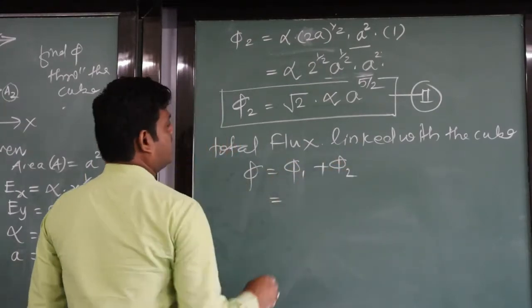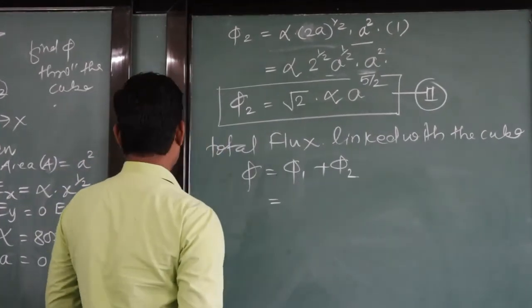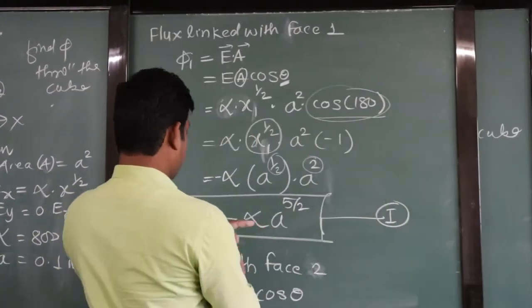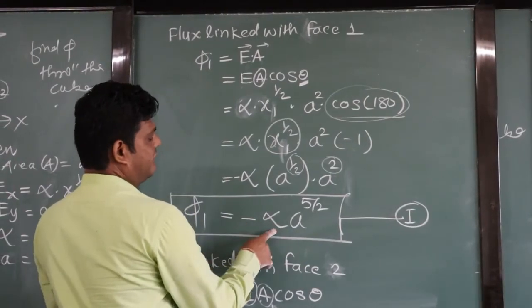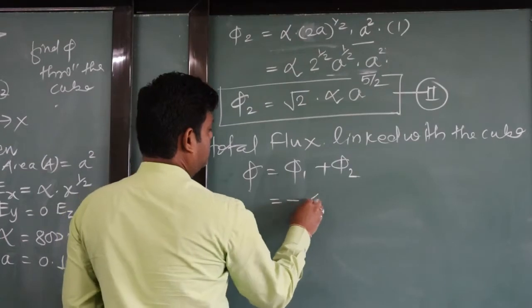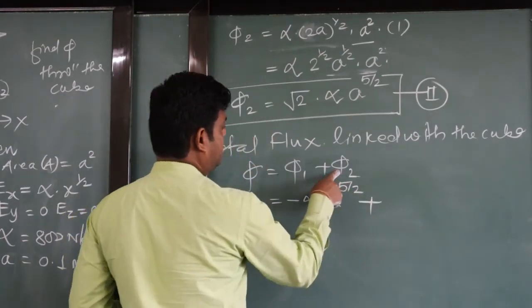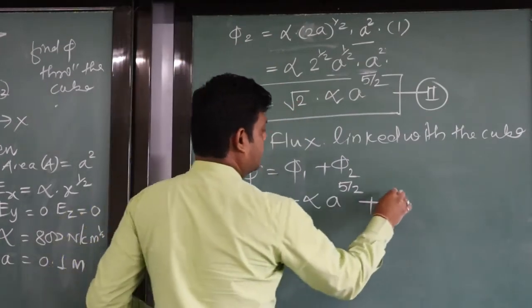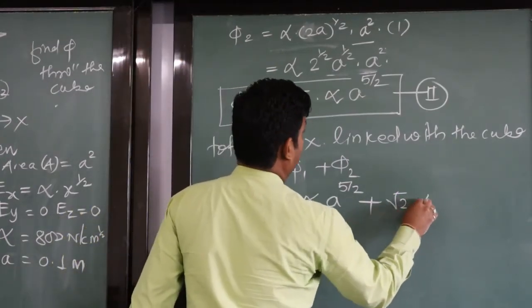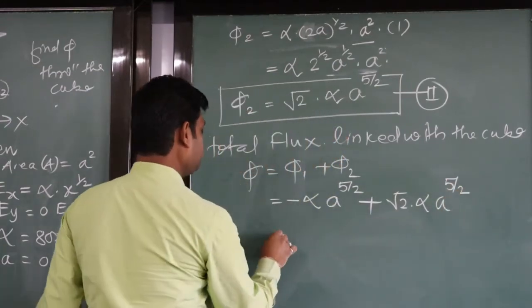What is the value of phi1? That we have calculated, and that is minus of alpha a raised to phi by 2, plus, what is phi 2? It is root 2 alpha a raised to phi by 2.